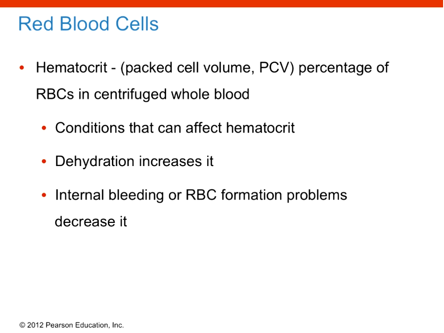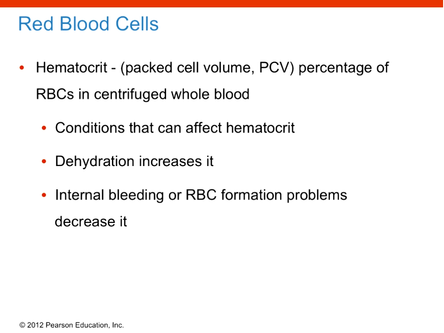Now remember, immediately following a major hemorrhaging episode, if you were to measure hematocrit, it is not going to drop significantly, because when you hemorrhage, you lose whole blood. You lose the plasma as well as the red blood cells.